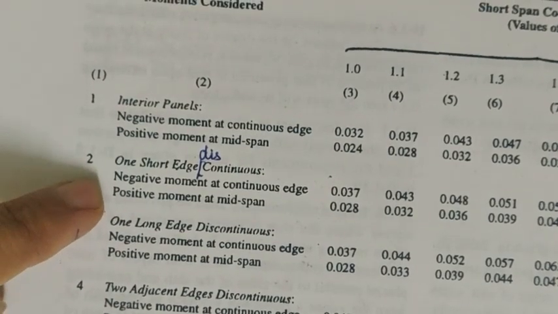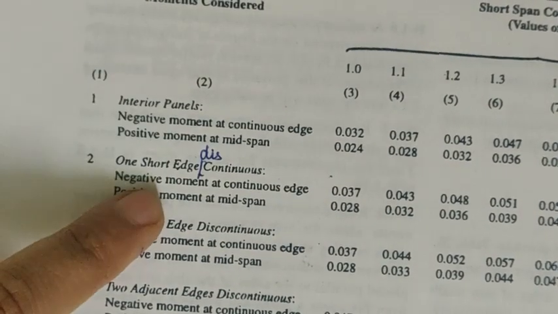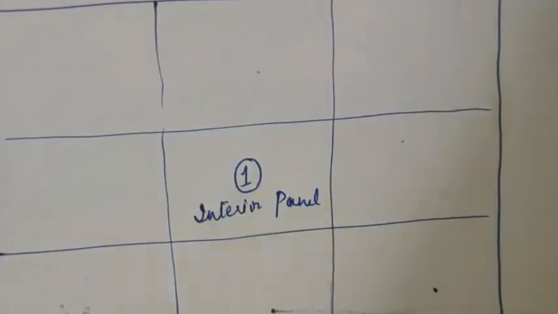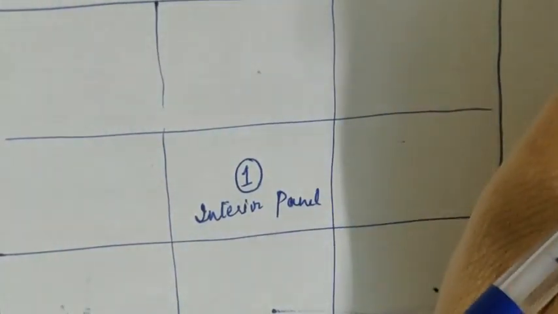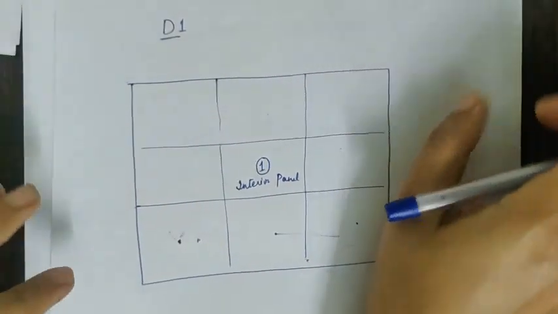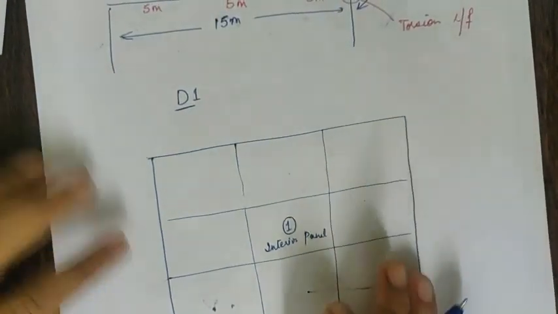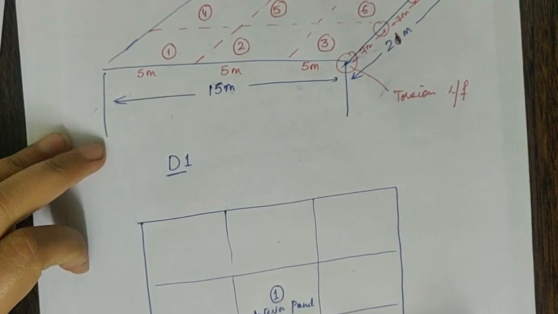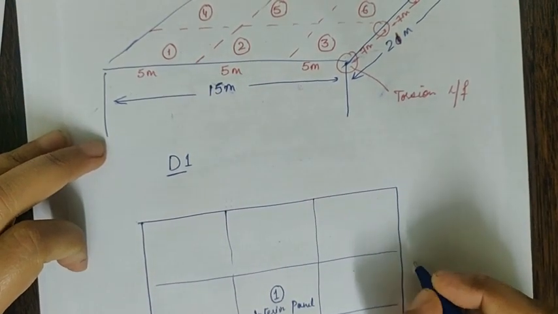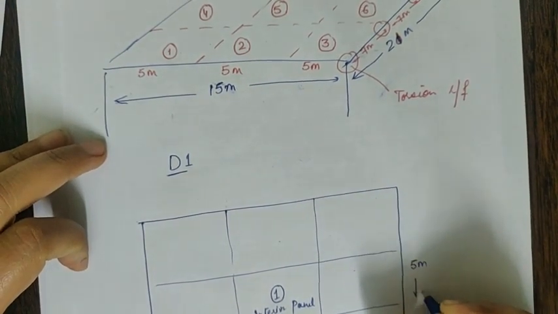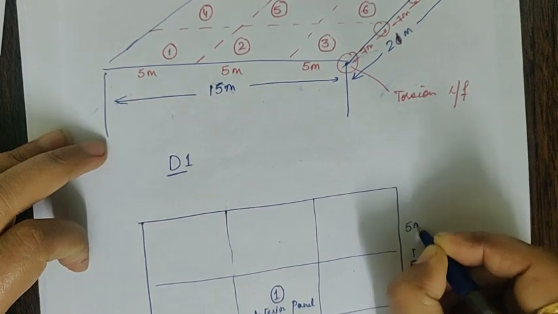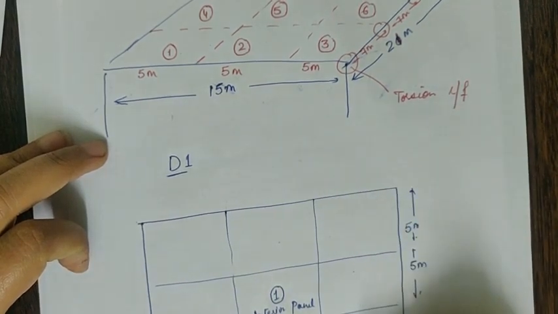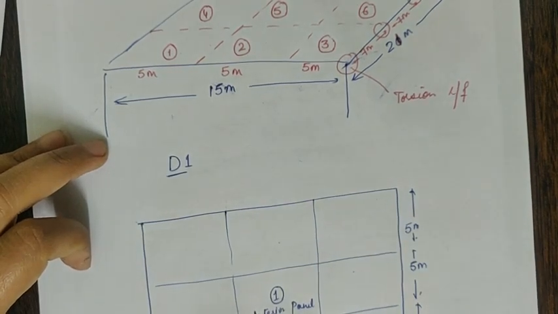Then it is said one short edge discontinuous. I have one edge, but that is a short edge that is discontinuous. Case number 2. So this I have created. This seems to be the shorter dimension, so let us say I am taking this as 5 meters each side, and this is, let us say, 7 meters for me.